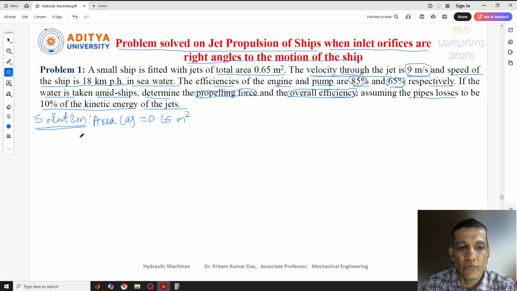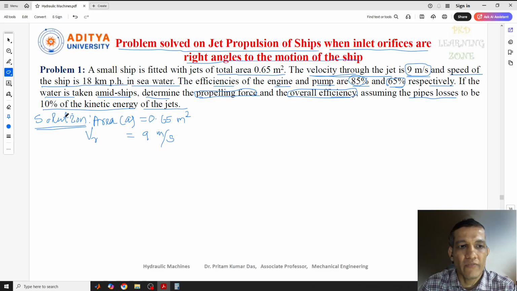Here we need to consider relative velocity actually, not the velocity of the jet, because the velocity through the jet is given, and we cannot consider that as velocity of jet. So we need to consider that as relative velocity. This is equal to 9 meter per second.